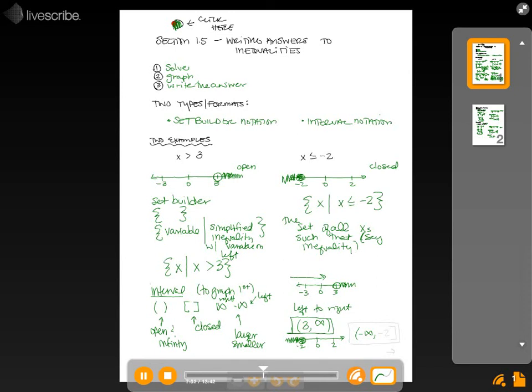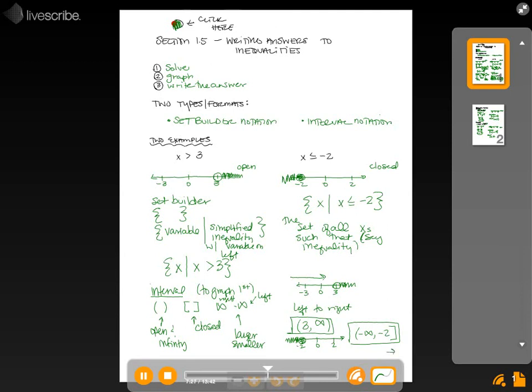So we use a parenthesis, because infinity always gets parentheses, negative infinity, a comma, and we go until we hit negative 2. At negative 2, it's included. It's a closed circle, so we use a square bracket. And there would be interval notation for our second example. And that's how we write our answers, either in set builder or interval notation.